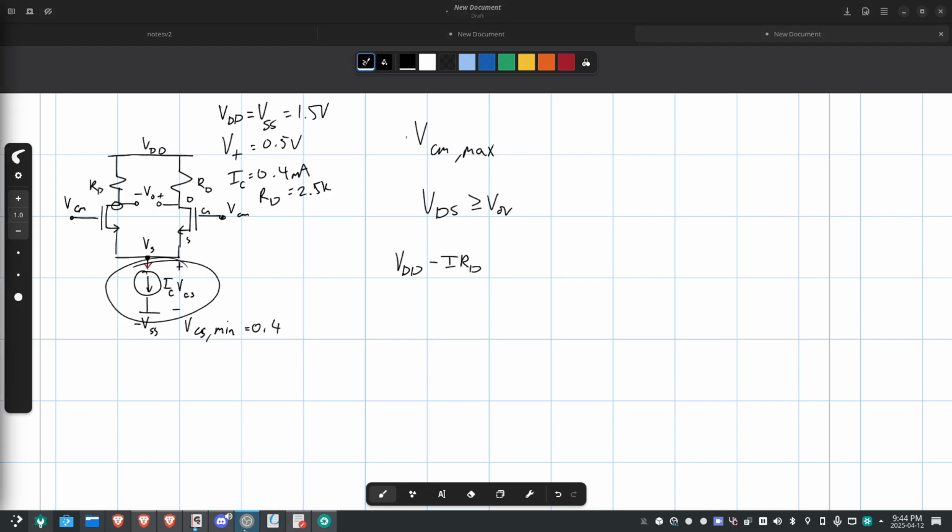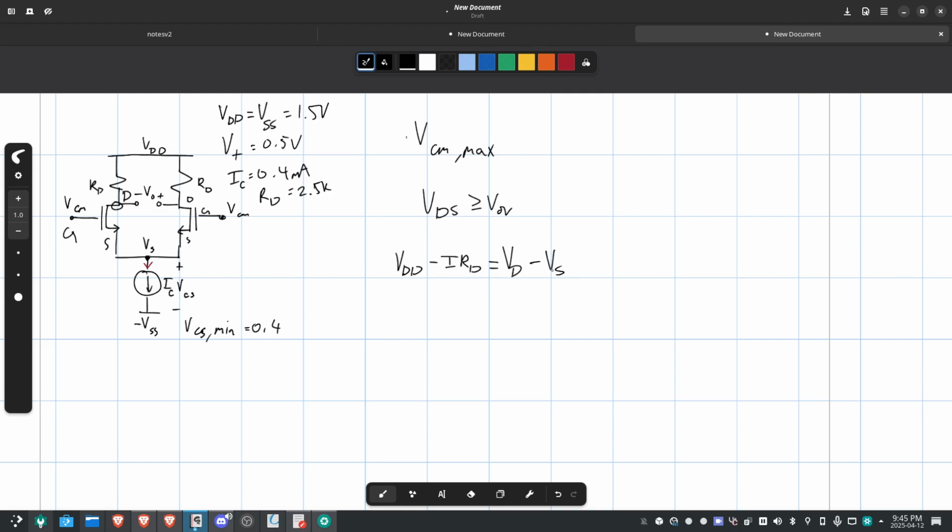We know it has a minimum value, but that doesn't really work out here. But in this case, if we do minus VS, or we know that this is VD in and of itself, right? Because that just finds a position here, right? It's VDD minus IRD. You get, sorry, not G, D. Keep messing up the letters.